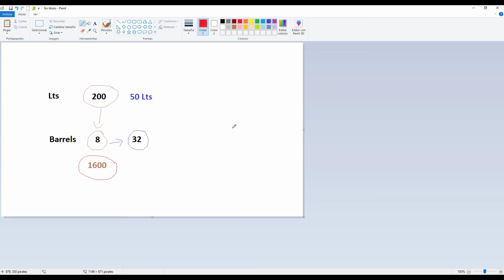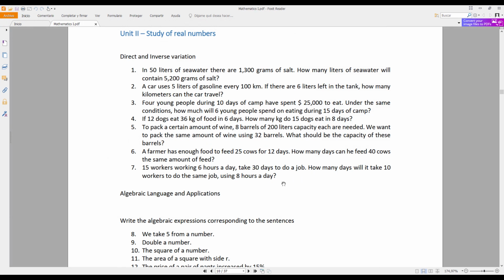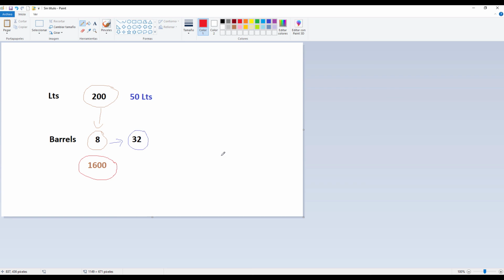So it is important to understand what kind of variation the problem is that we will solve. You need to read the problem very well and understand if one quantity increases and the other too, this is a direct variation. But if one quantity increases and the other decreases, it is the inverse variation. And the operations are inverse.